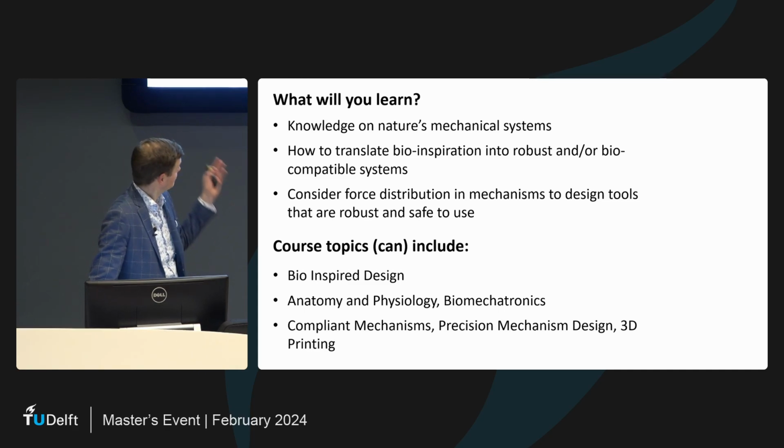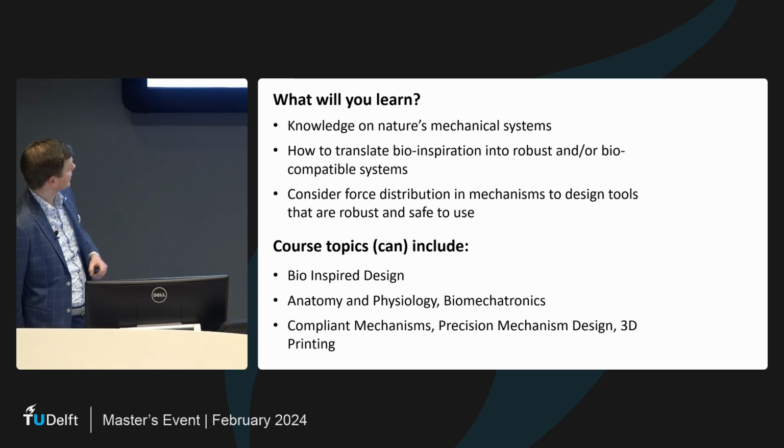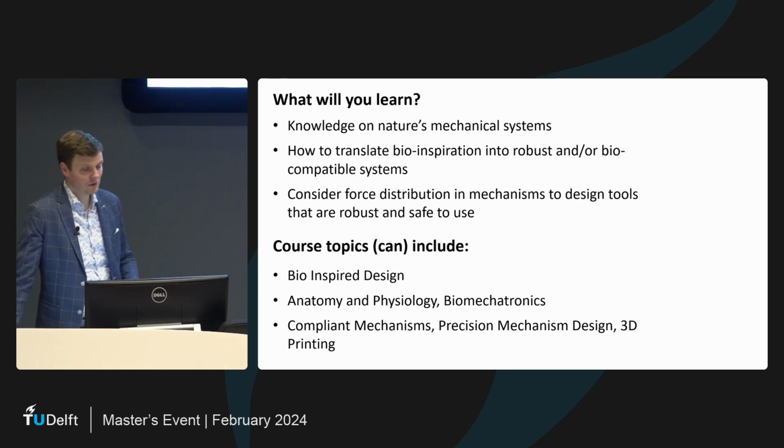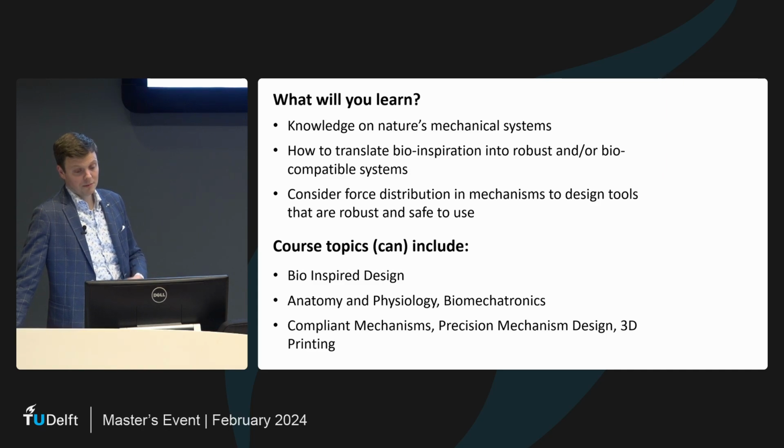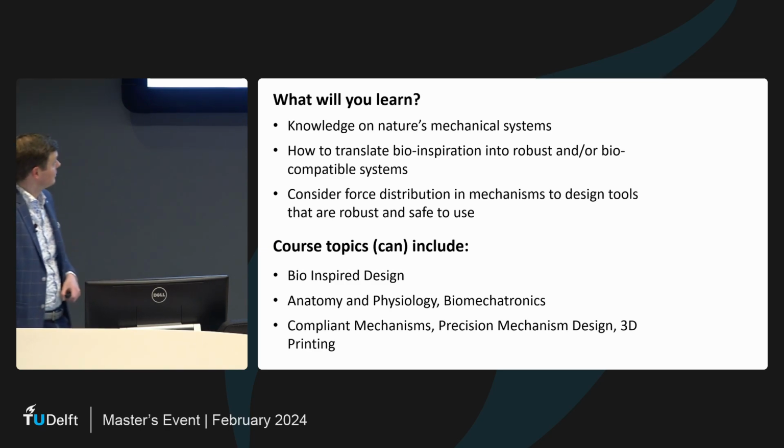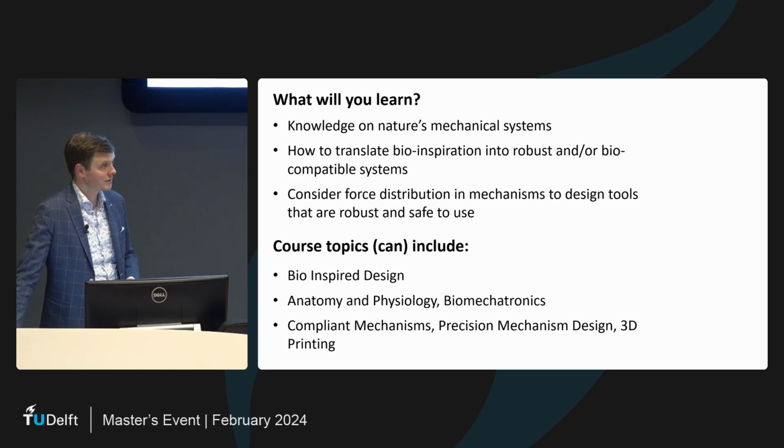So we need to learn a little bit about anatomy, but there are also courses that are more engineering based, like design of compliant mechanisms, or precision mechanisms. How can you design mechanisms that are really precise? And of course 3D printing is also really important these days.